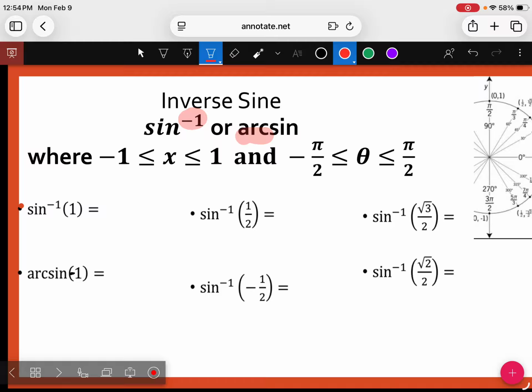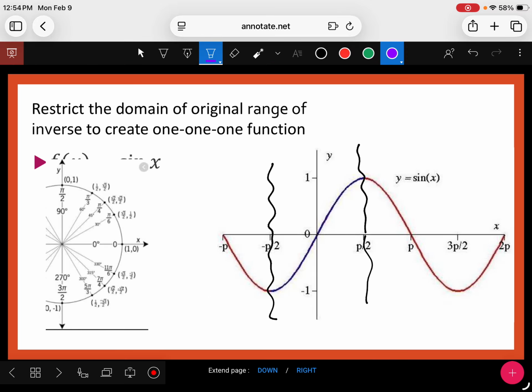The answers, which is the number inside of the parentheses, all of these numbers that you see on the inside, it has to be between this range. Going back to the graph, remember, for the parent function, it has an amplitude of 1. So the entire graph is between 1 and -1.